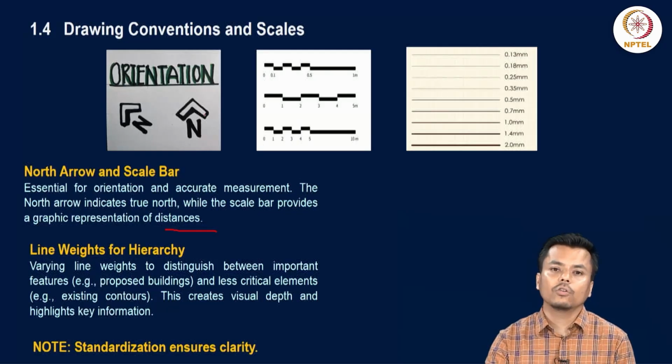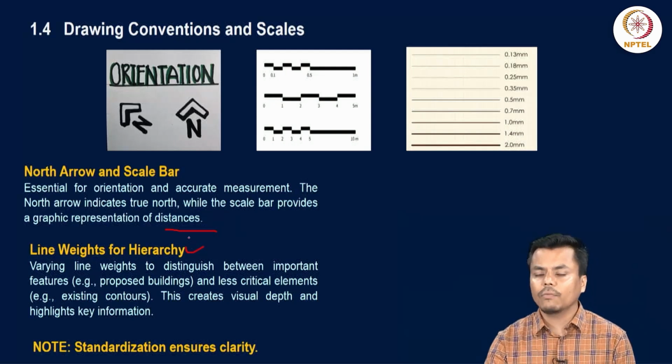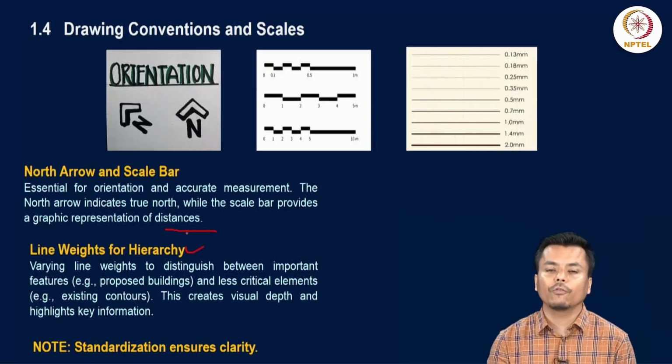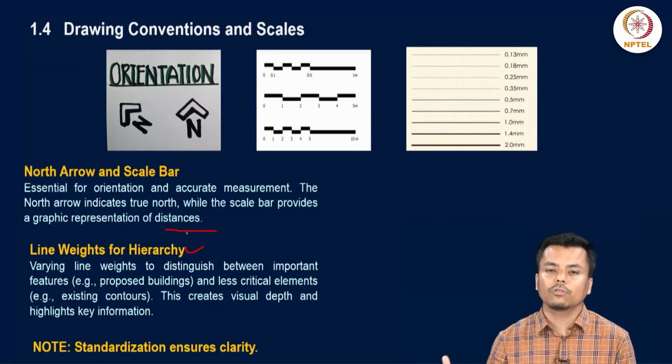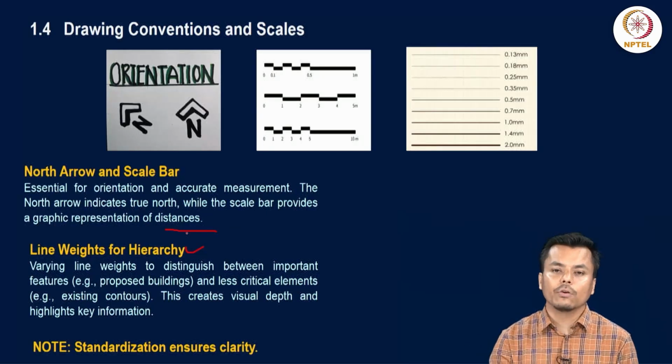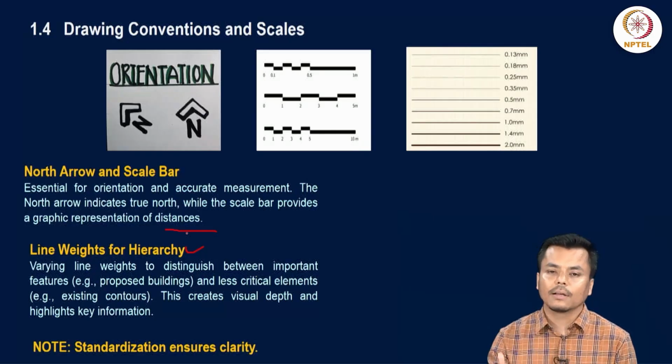Along with that, you also have to focus on line weights and hierarchy. This is generally done to provide depth to the drawing. For example, if you have a multi-storied building and there is one just G+1 structure near the multi-storied building, by using the line weight you can show that the building with a higher storey will have darker lines.